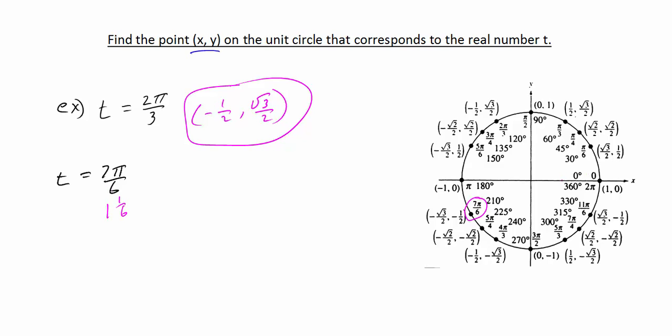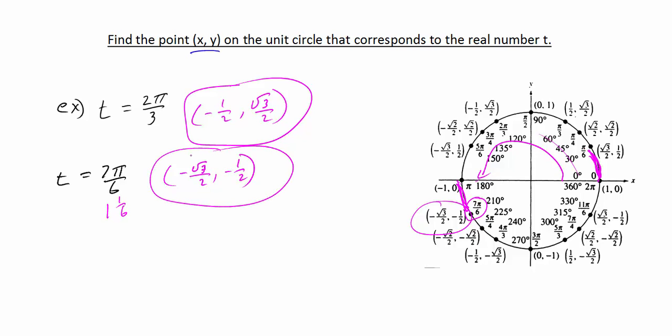So that says we're going to go 1 whole pi and then another 1/6. So over here, this is 1/6 here. If we go 1 pi and then another 1/6, we would be here at 7 pi over 6. And then, of course, we can see the x and y coordinate would be negative square root of 3/2 and negative 1/2.